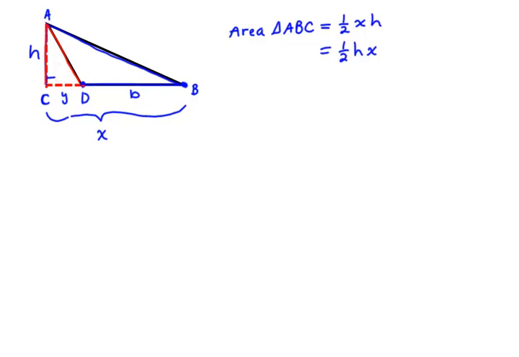Alright, so the area of triangle ADC is going to be equal to 1/2 its base. Its base is Y, and its height is H. And once again, I'm going to rewrite it in a different order, HY. Okay, so what we're looking for is the area of triangle ABD.